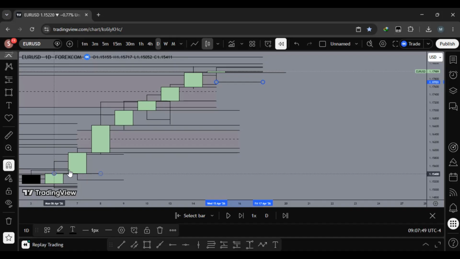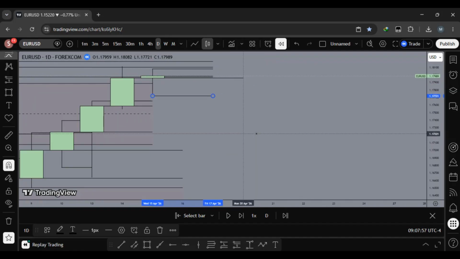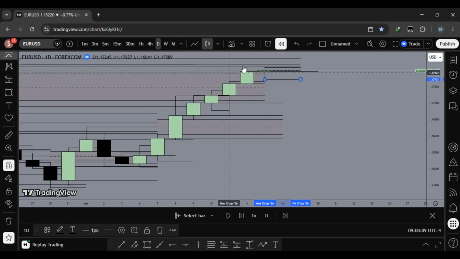So there is a market maker buy side of the curve. So expect a sell side of the curve. That is why that market maker buy and sell model was added to the components. Now watch. If market opens and rallies above here and sweeps this liquidity, okay, I will look for a sell.